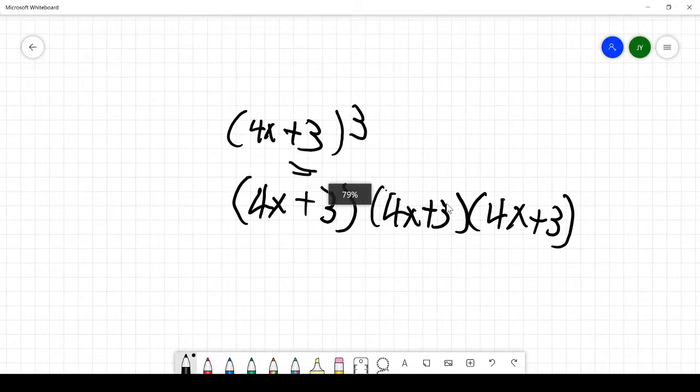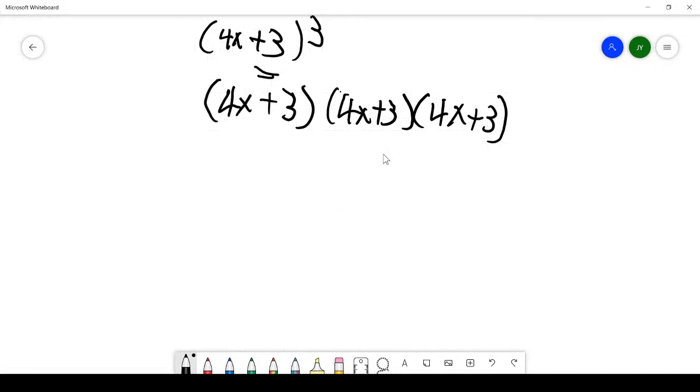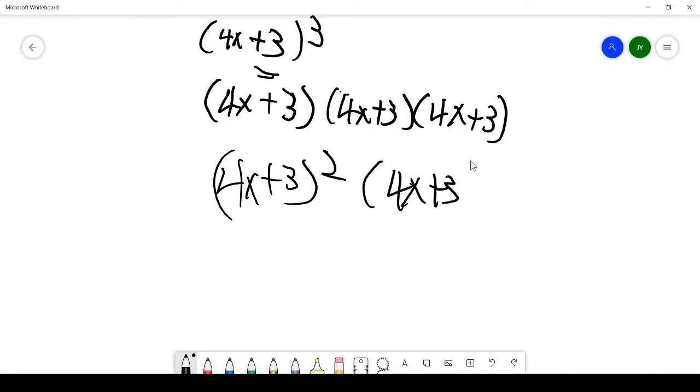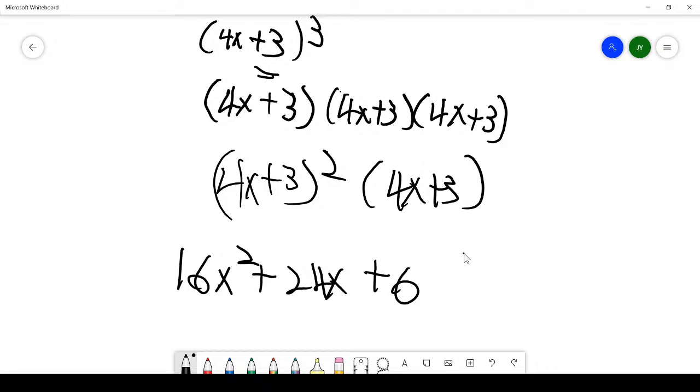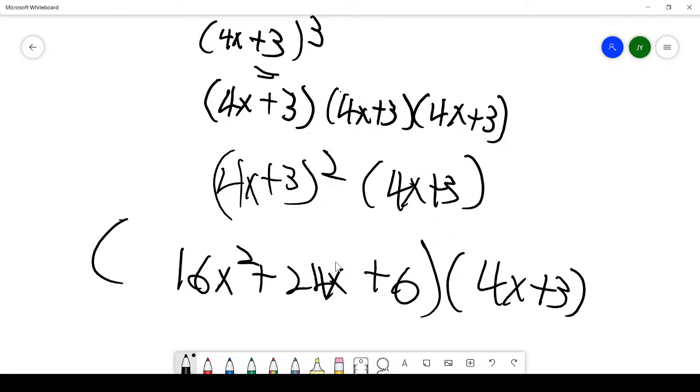So when you actually have to solve problems like this, you end up having to multiply 4x plus 3 squared first. In this example, we get 16x squared plus 24x plus 6, times 4x plus 3.